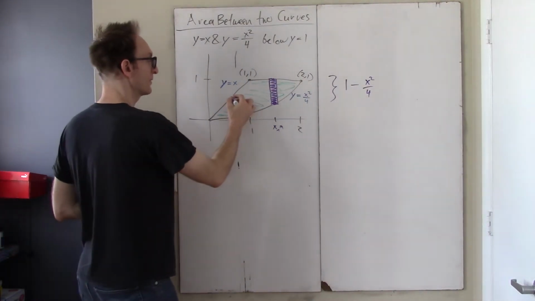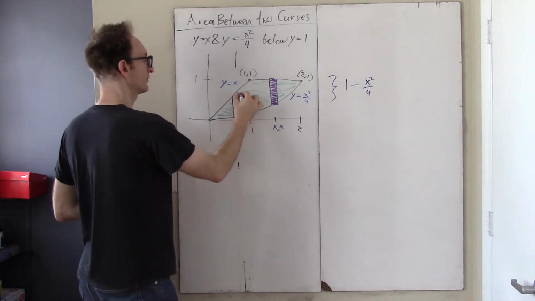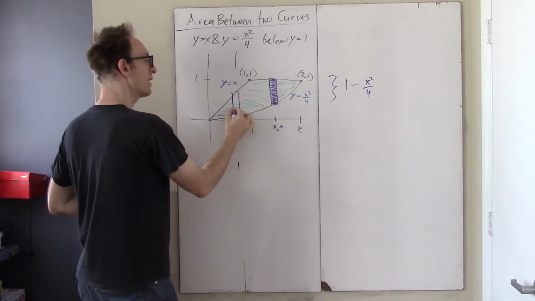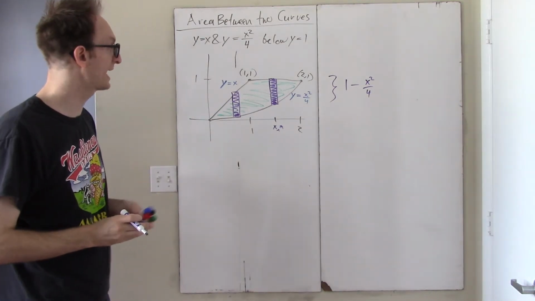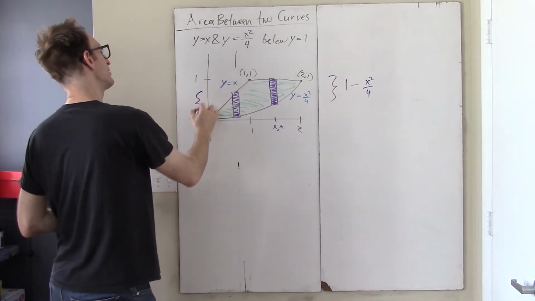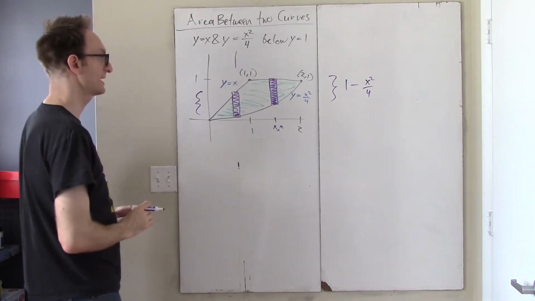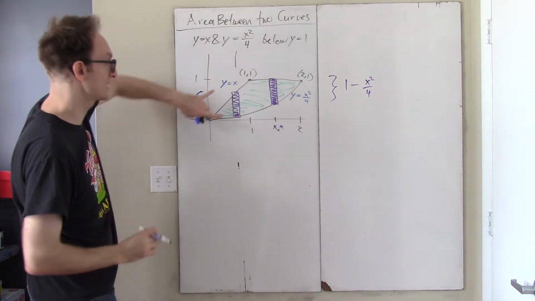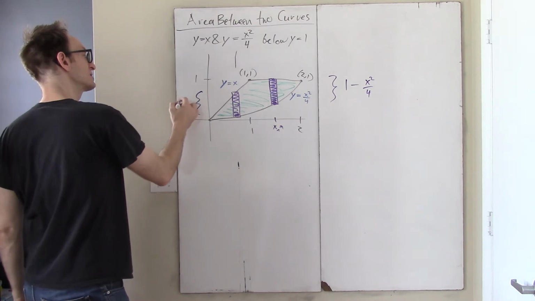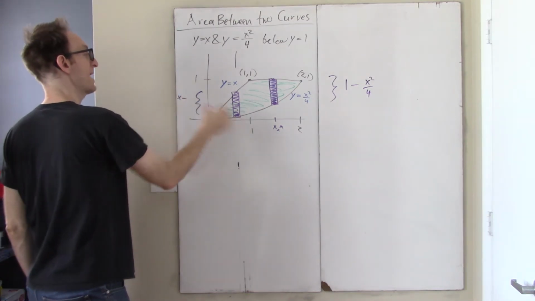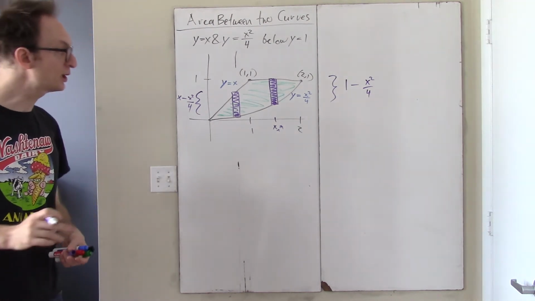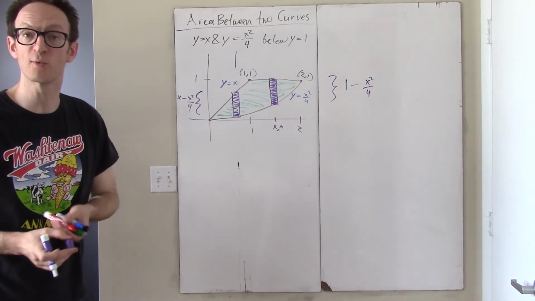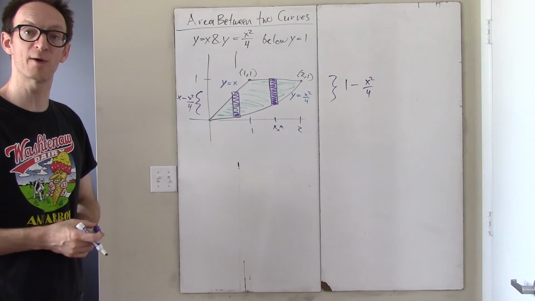If I draw a representative rectangle on the interval from 0 to 1, now there's a different formula which describes the height of that rectangle. The height of that rectangle is the difference in the y-coordinates between the top function, which is x, and the bottom function, which is x squared over 4. There's no obvious simple way around that.